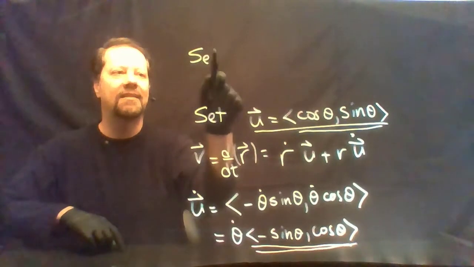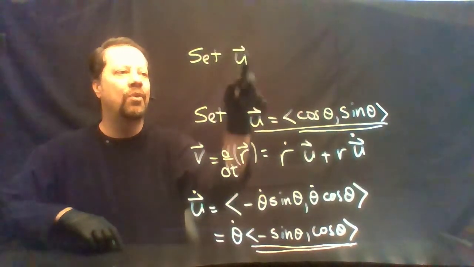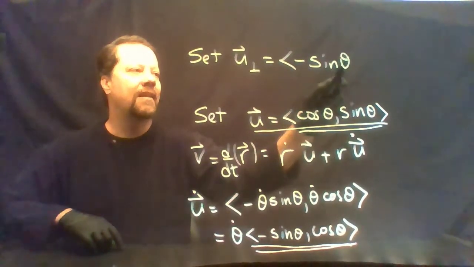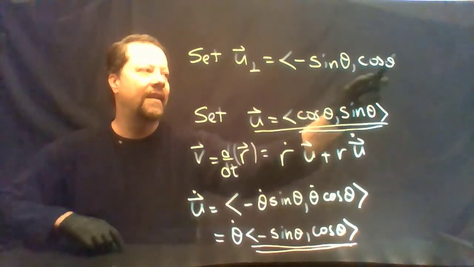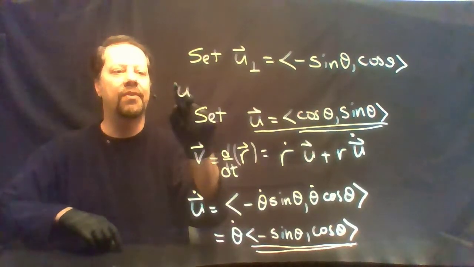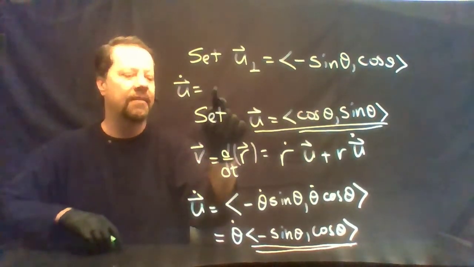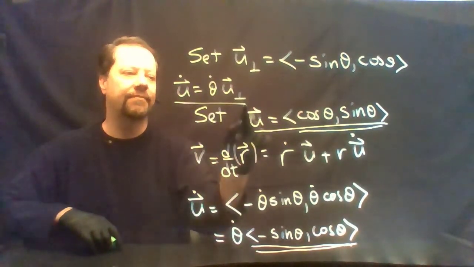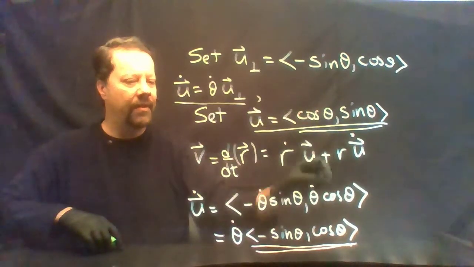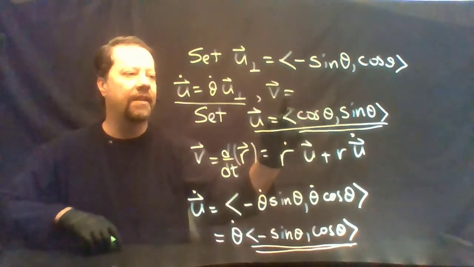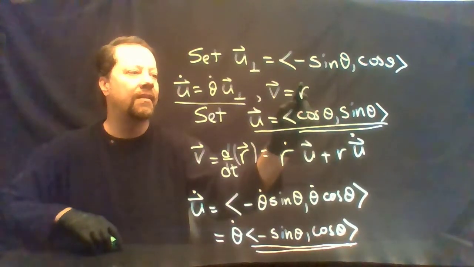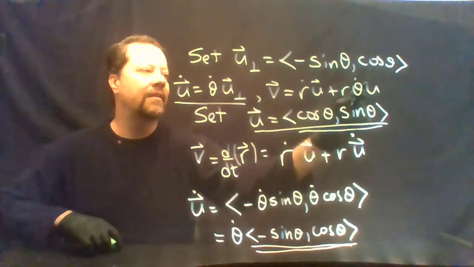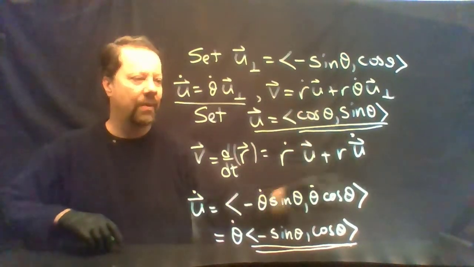We're going to set u perp equal to the vector minus sine theta, cosine theta. So notice that the derivative of u is theta dot times u perp. Also, the derivative of r, the velocity vector, is r dot u plus r theta dot u perp, according to this equation.